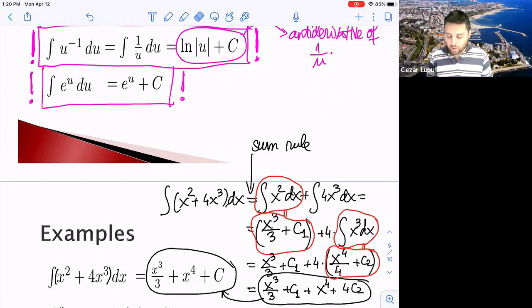You have here 1 plus 4c2. You'll write it as a c, and that's it. Instead of dealing with 10,000 constants, you just write one of them, and that's it. Does it make sense now?